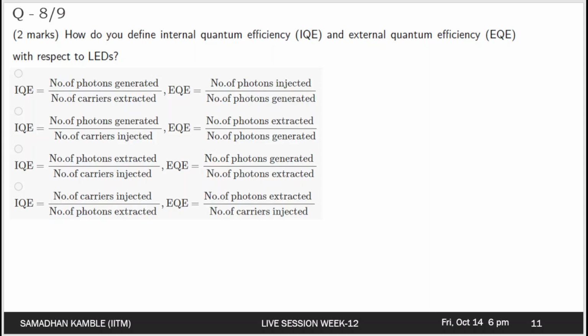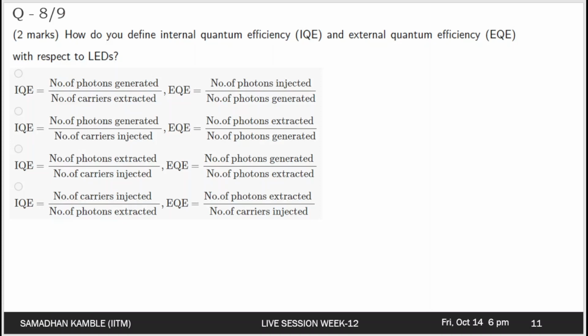Another important parameter is the external quantum efficiency, which is the fraction of generated photons that are actually emitted from the semiconductor. The emission is the important thing to be noted here. The external quantum efficiency is normally a much smaller number than the internal quantum efficiency.